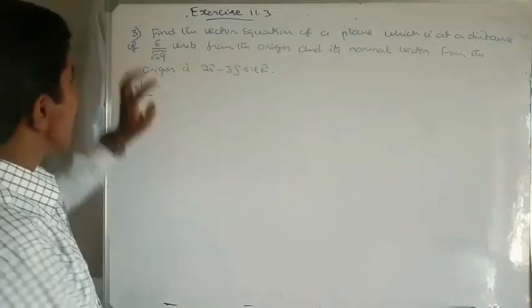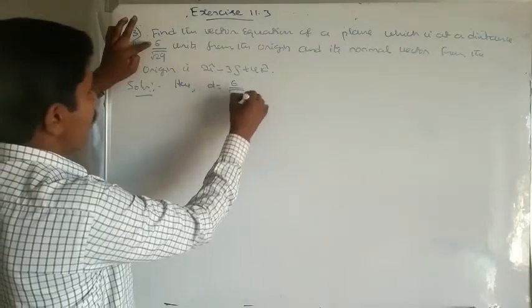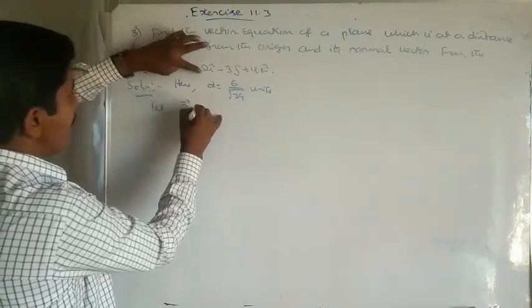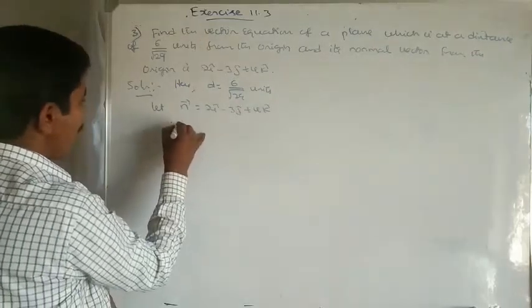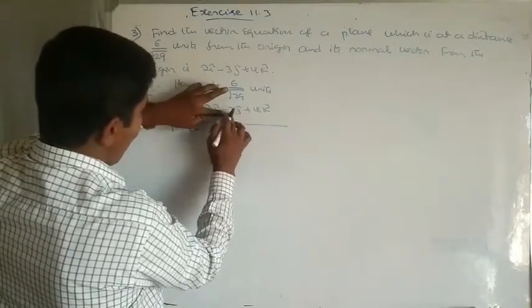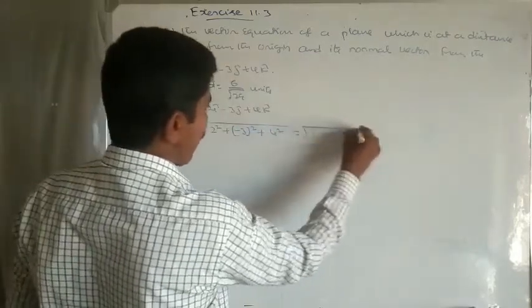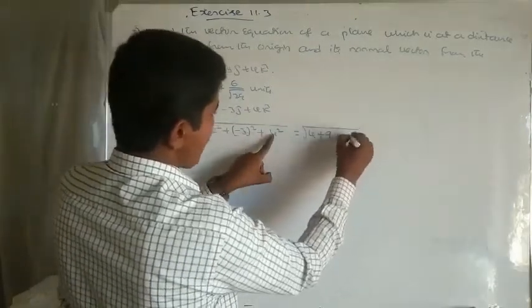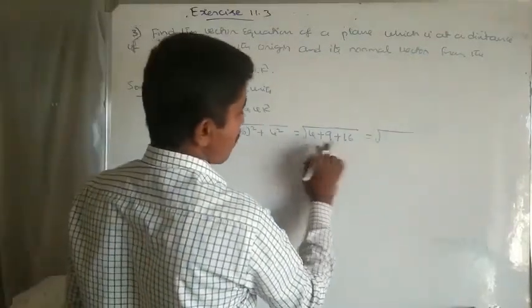Similar to the last one, the distance d is equal to 6 by root 29 units. Let vector n be equal to 2i minus 3j plus 4k. Magnitude of vector n is the square root of 2 squared, minus 3 whole squared, plus 4 squared, that is 4 plus 9 plus 16, 29, so root 29.